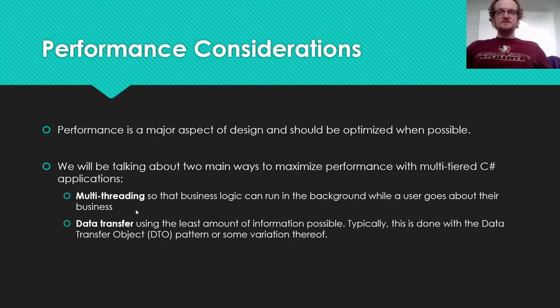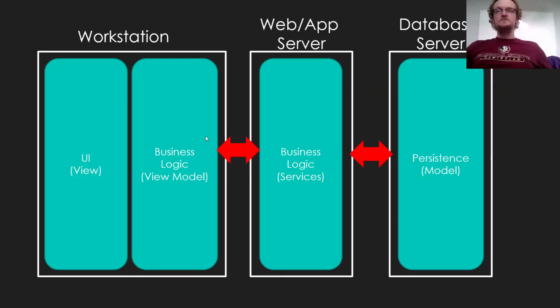But data transfer, the idea here is that you don't necessarily need to understand all of the binding properties at the persistence layer. If you have a whole bunch of properties that are string properties that you're using to bind to labels or bind to text boxes or whatever, you don't necessarily need to duplicatively store data in the database. So a perfect example of that is if you want to have like a price of a thing.